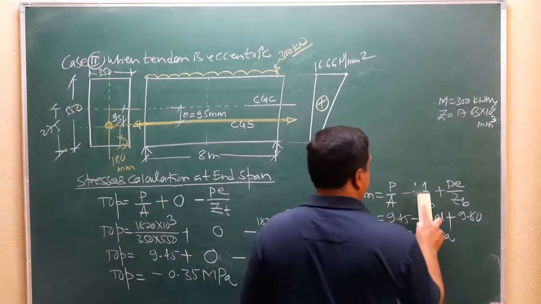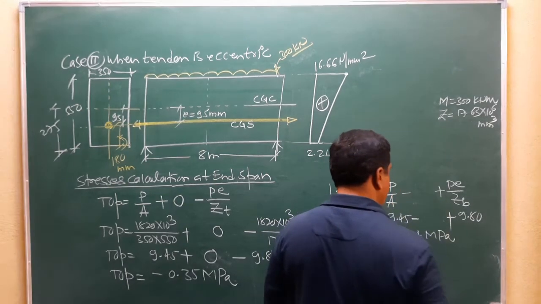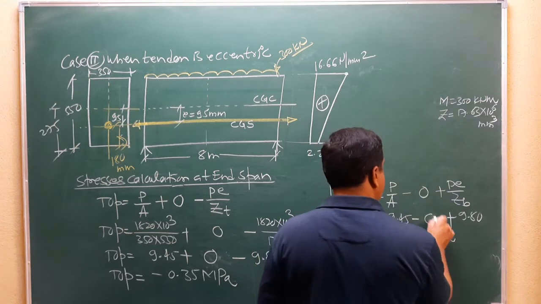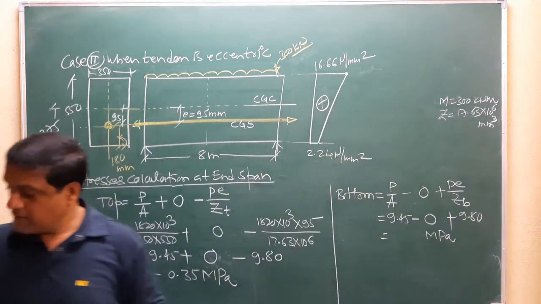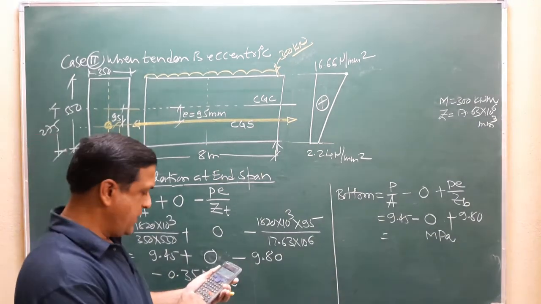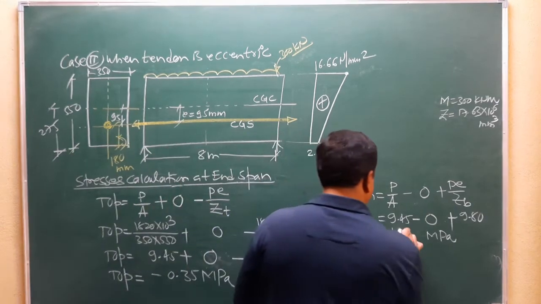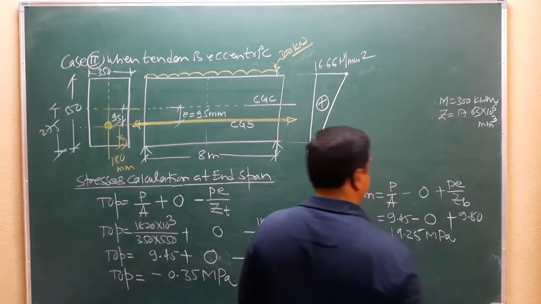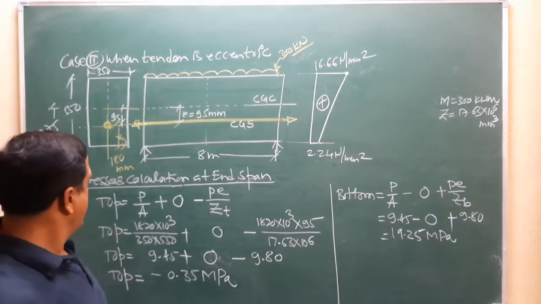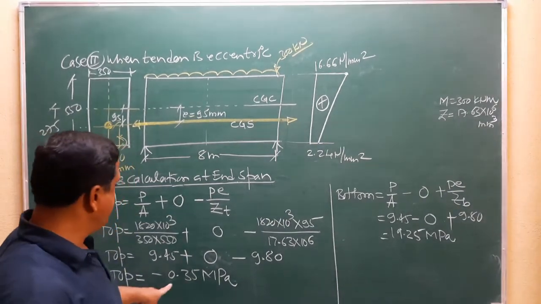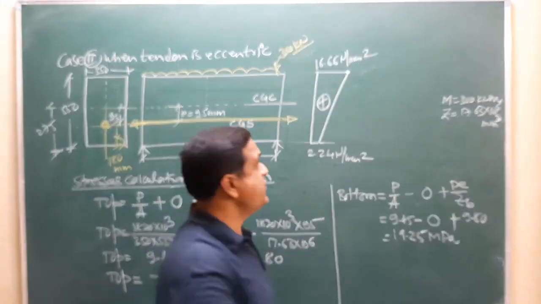So this term gets cancelled. So this is 0. This is 0. And what is the summation of these two terms? 9.45 plus 9.80, so this is 19.25. So these are the stresses. Top fiber stress is under tension, minus 0.35, bottom fiber stress is under compression.